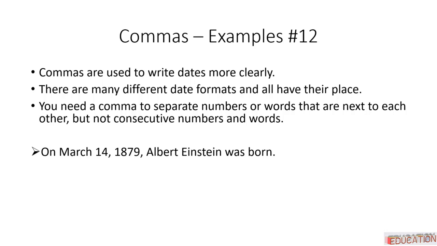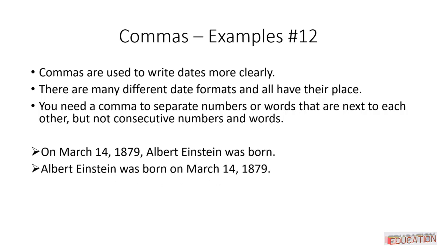And the second comma is because the on March the 14th, 1879 acts as an introductory phrase which is separated by a comma from the rest of the sentence. Or we can write Albert Einstein was born on March 14th, 1879. And again we have a comma between the 14 for the day and the year.